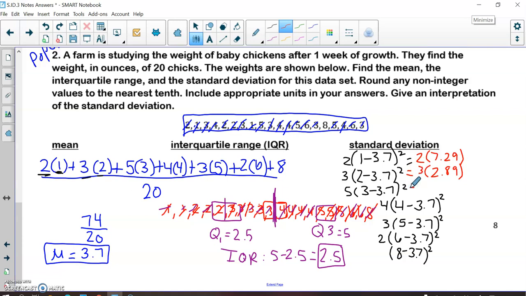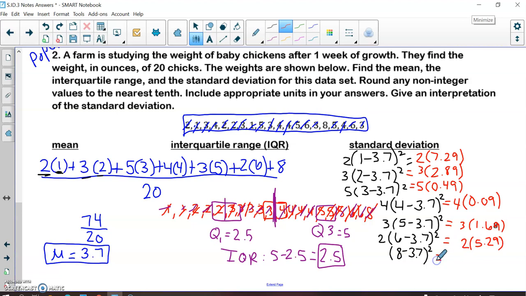A 3 minus a 3.7 squared is 0.49, and I had 5 of those. 4 minus 3.7 squared comes out to be 0.09, and I had 4 of those. 5 minus 3.7 squared is 1.69, and I had 3 of those. 6 minus 3.7 squared is 5.29, and I had 2 of those.